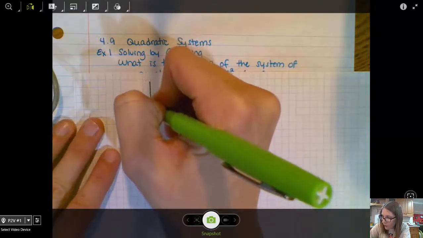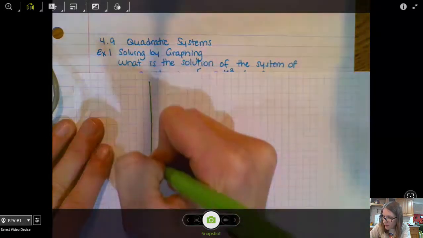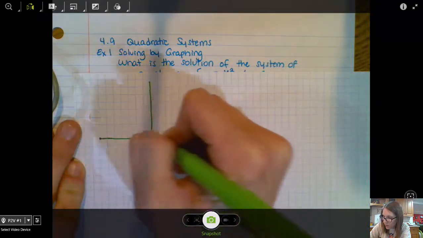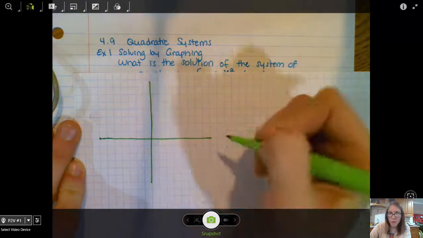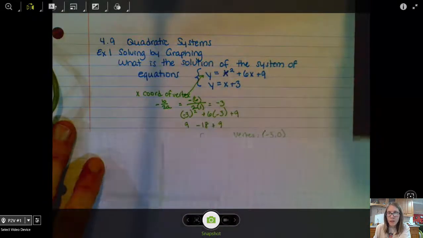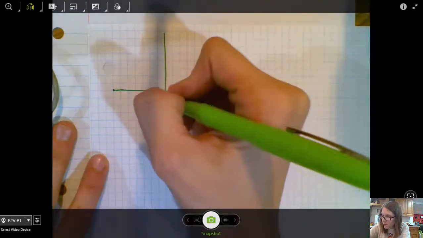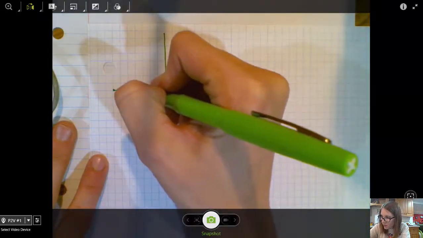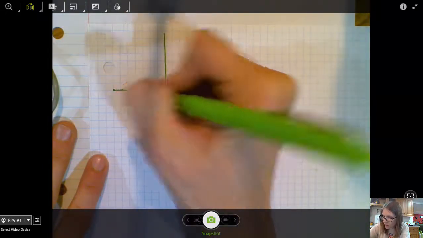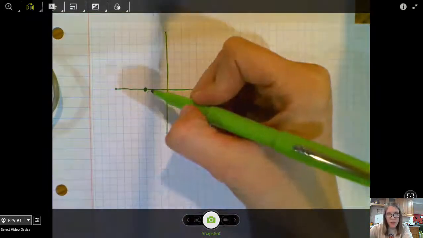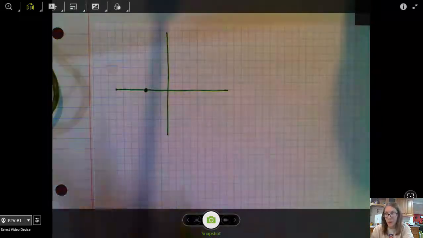And let's graph what this looks like. We said our vertex was at negative 3, 0. Now to get some other points on our parabola, we take some other x values that are near and plug them into our equation.